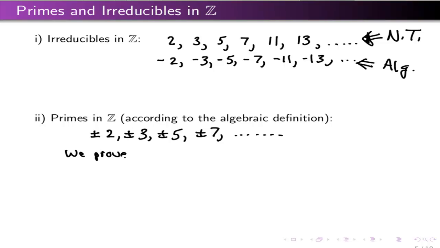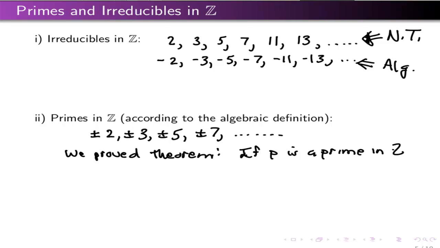We proved a theorem that said if P is a prime in Z, and here I mean a prime in the sense we defined it originally, and P divides AB, then P divides A, or P divides B.